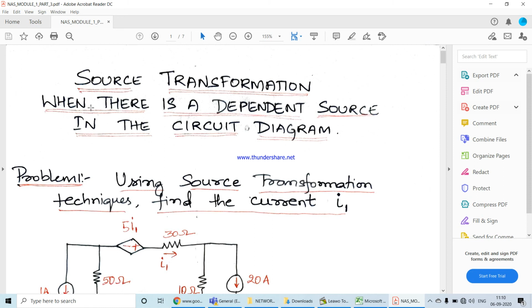So earlier, we never had any circuit where we had a dependent source. Now we'll see how to solve a given problem when we do have a dependent source in the circuit.